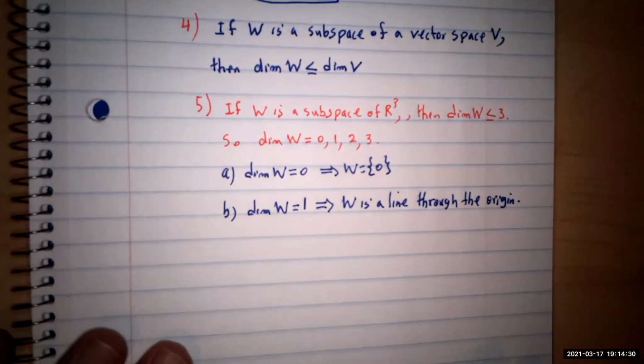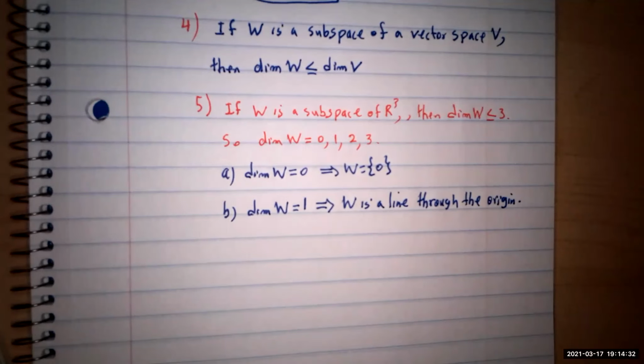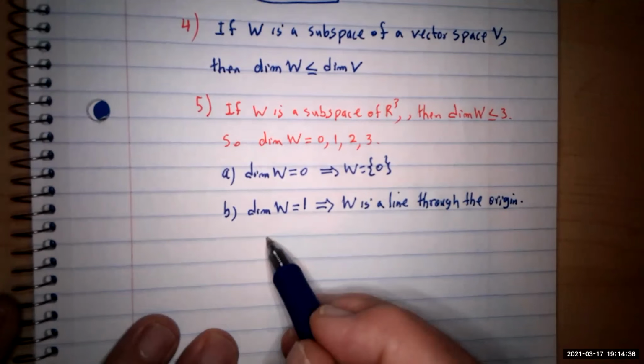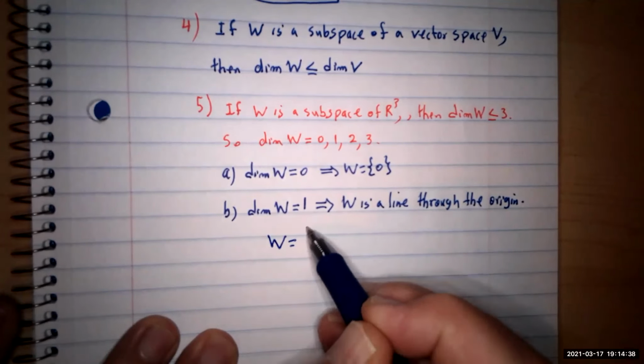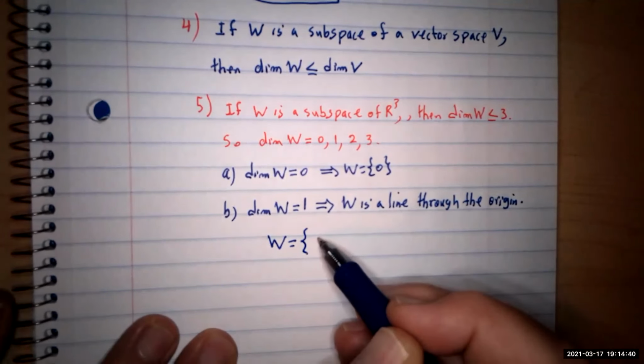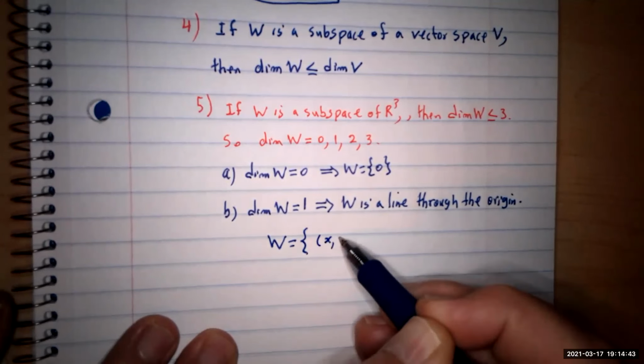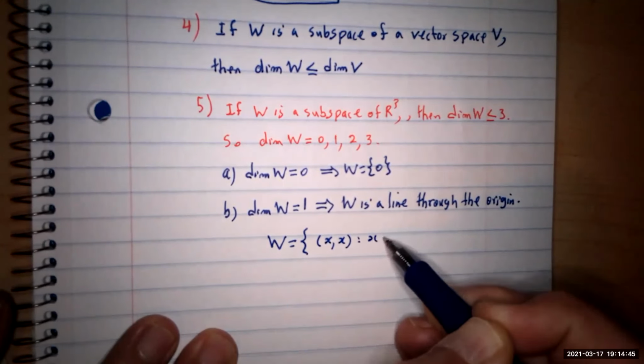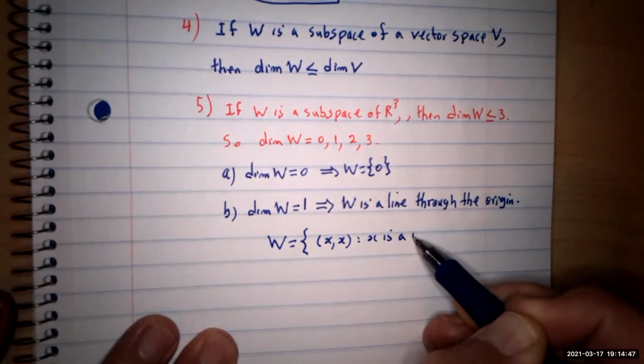You know that the equation of a line through the origin would be what? So this is it. W is going to be the set of all the members like (X, 2X, 3X), where X is a number.